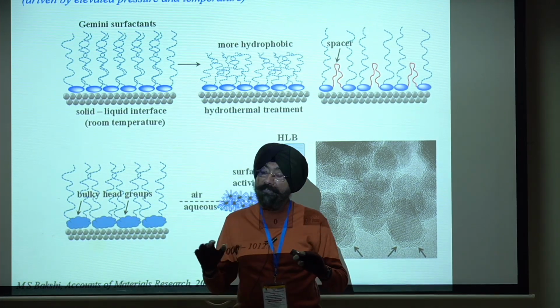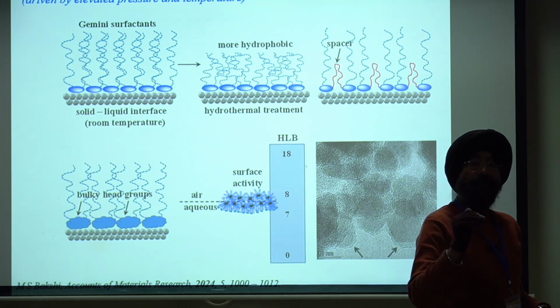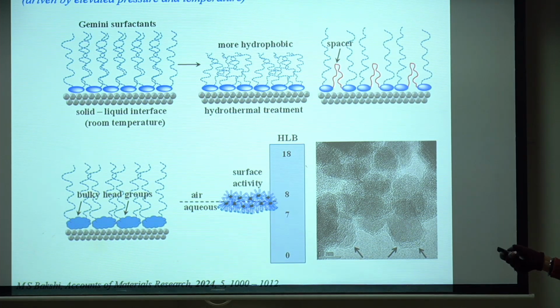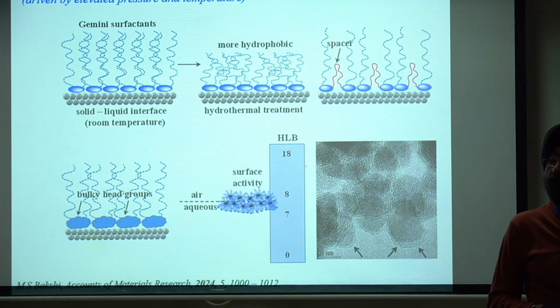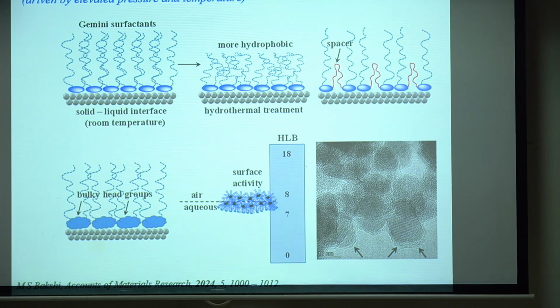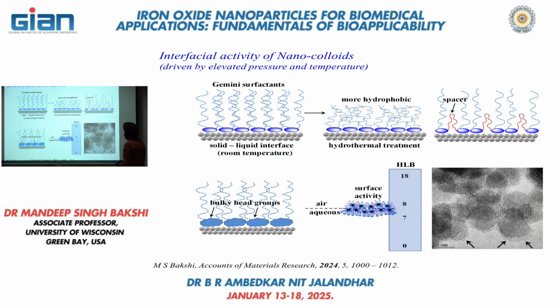So all those factors which reduce the hydrophobic interactions between the non-polar tails are contrary to the surface active effect. Remember I told you the HLB scale that runs from 0 to 80. When you have an appropriate Gemini surfactant that could impart an HLB close to the number 7 to 8, then the particle becomes surface active.